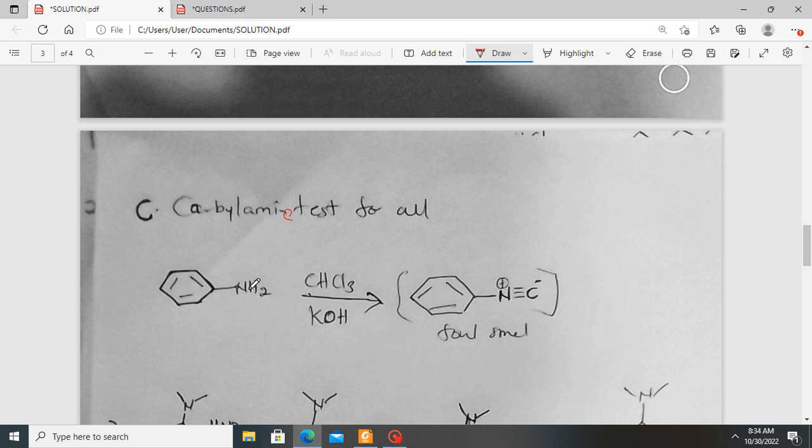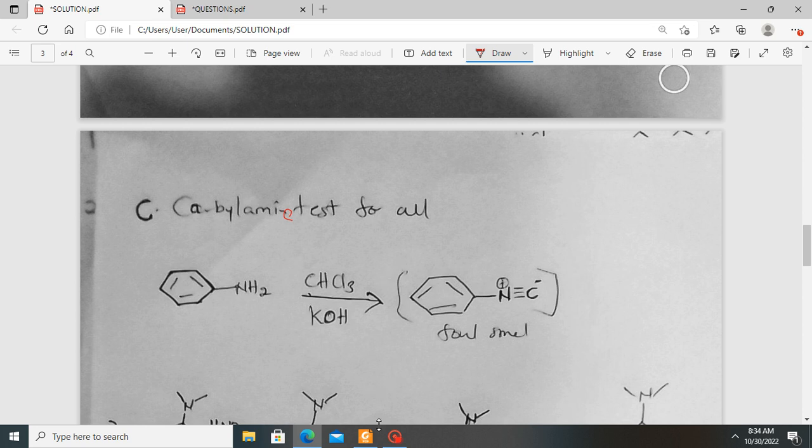As shown there, aniline is a primary amine. The test is just by addition of a hot alcoholic solution of potassium hydroxide in chloroform. Then that gives you a very foul smelling isocyanide intermediate. This compound is an isocyanide intermediate which has a very foul smell. This shows that the compound there is a primary amine.